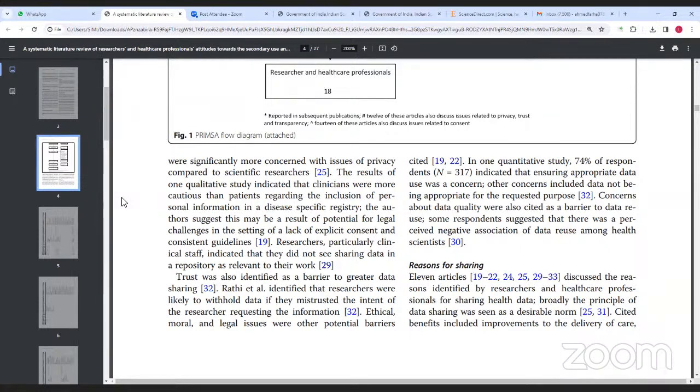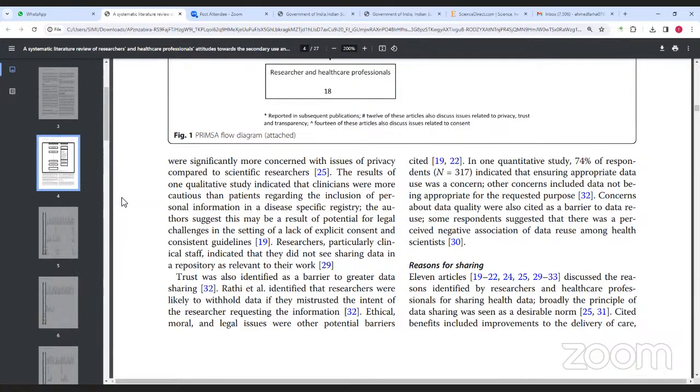The results of one qualitative study indicated that clinicians were more cautious than patients regarding the inclusion of personal information in a disease-specific registry. The author suggests that this may be a result of potential for legal challenges in the setting of a lack of explicit consent and consistent guidelines.